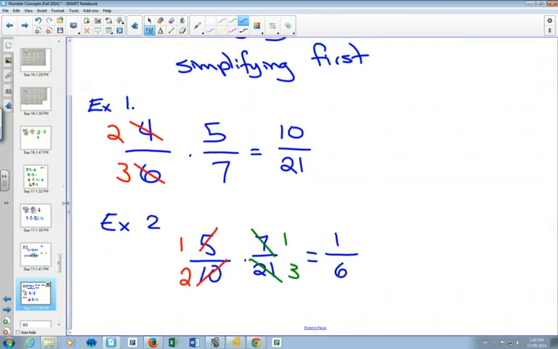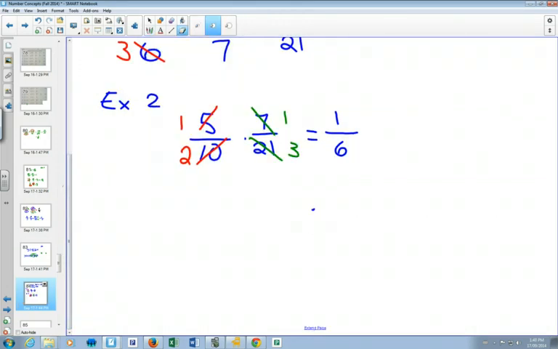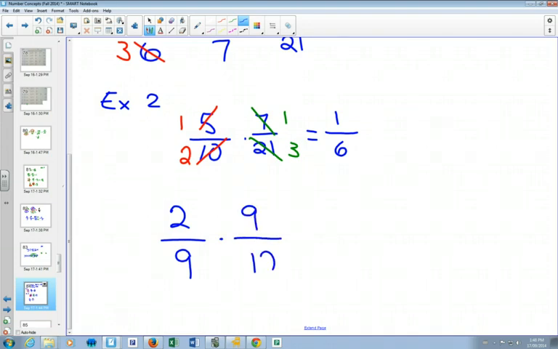Sometimes you can't simplify within the fraction, but you can simplify along the diagonals. So if I have 2 over 9 times 9 over 12, you might say, if I look on the diagonals, I can simplify 9 over 9 quite easily.